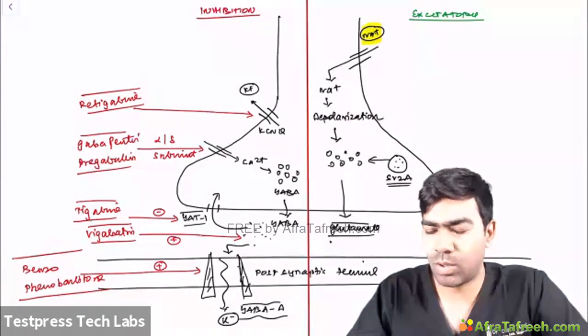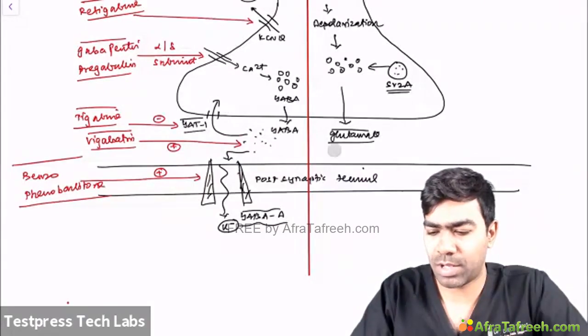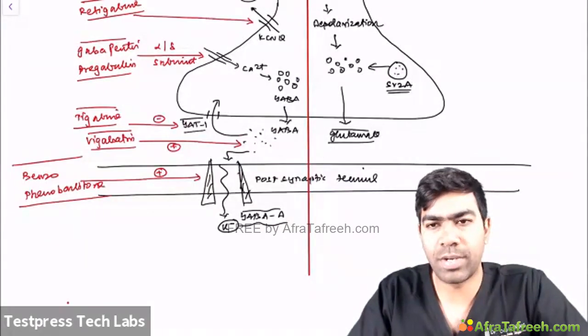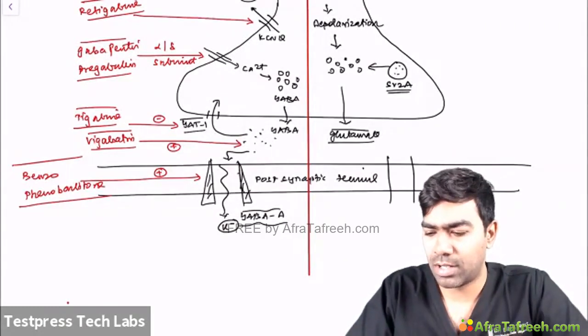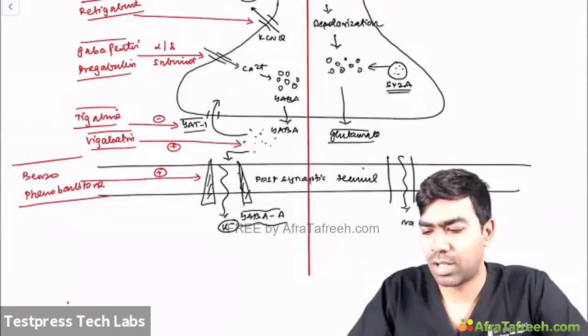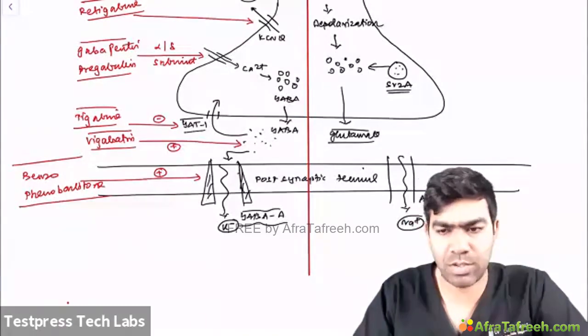And once this glutamate is released, it can work on a variety of receptors. The two most important receptors for glutamate are AMPA receptors, and second, the kainate receptor. First let us talk about the AMPA receptor, which is an ion channel receptor that is going to push in sodium. I think I've told you about AMPA in the stroke pathophysiology itself.